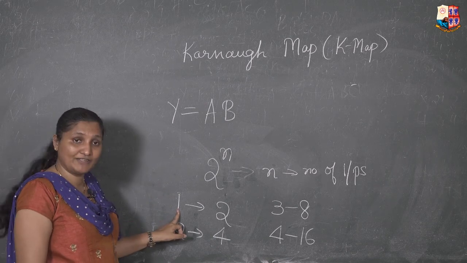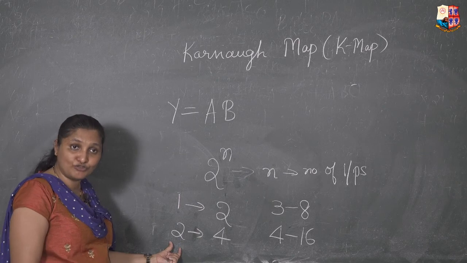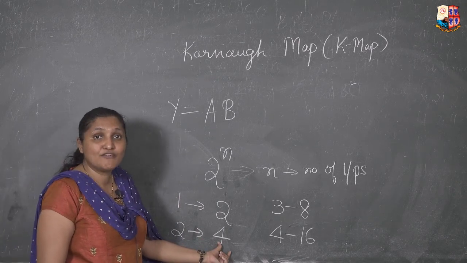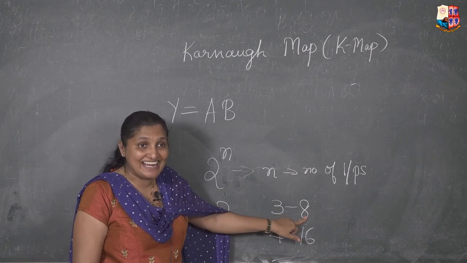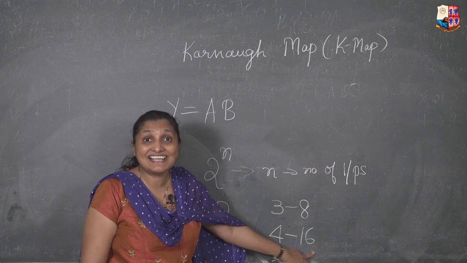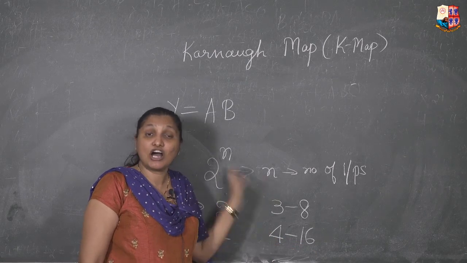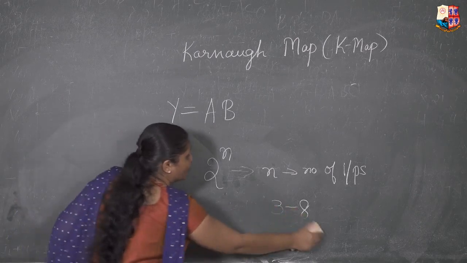If you have one variable, we draw 2 cells. If you have 2 variables, we draw 4 cells. If you have 3 variables, we draw 8 cells, and if you have 4 variables, we draw 16 cells. So how do we draw the cells, and what does each cell correspond to?